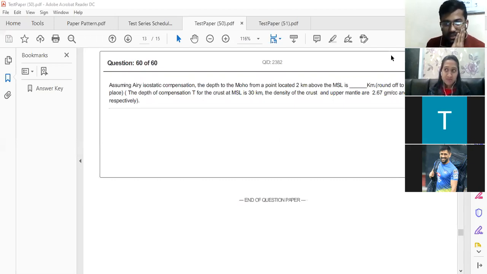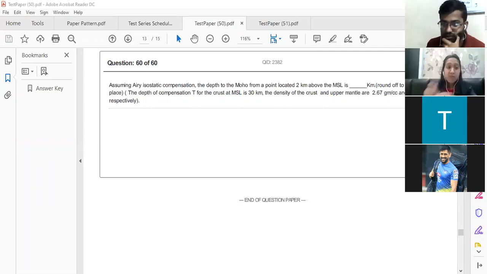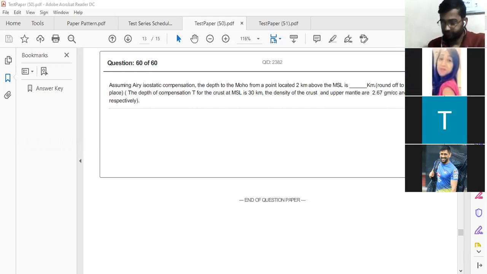Next. Using Airy's isostatic compensation, find the depth of Moho from a point 2 kilometer above the MSL. The depth of compensation T for the crust at MSL is 30 kilometer. The densities of the crust and upper mantle are given respectively. Okay, so you can use your basic formula.